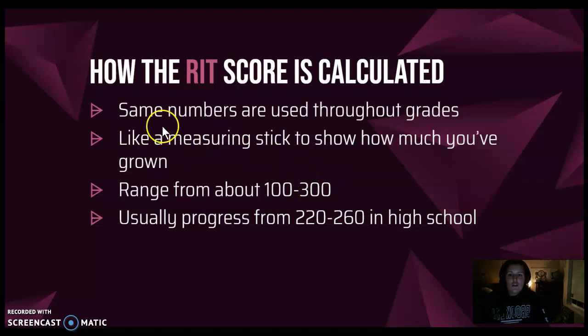It's trying to show how much you've grown the more you take this test over the years. So it said on the website that in high school you're getting to this range here, 220 to 260. So it's like every year your parents might measure you and put your tick mark there on the door frame, if you do that.